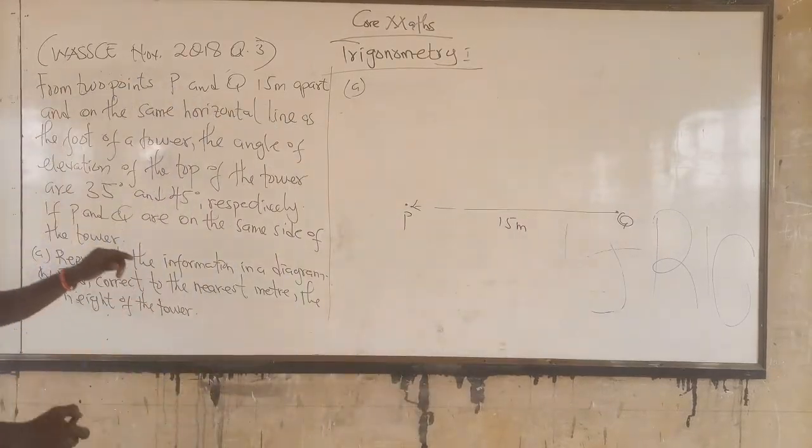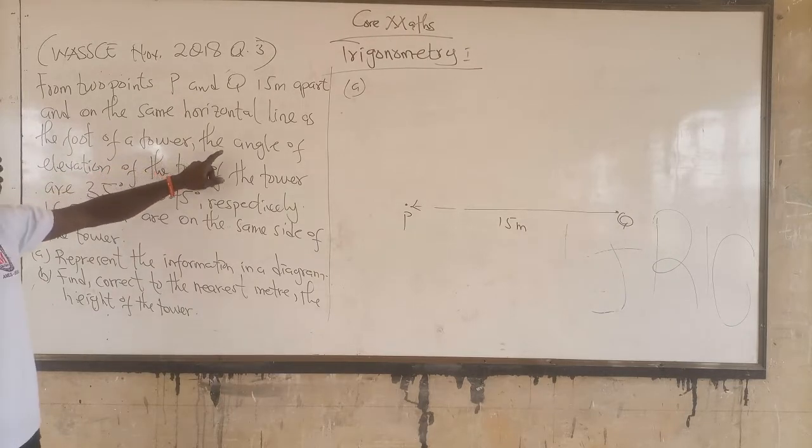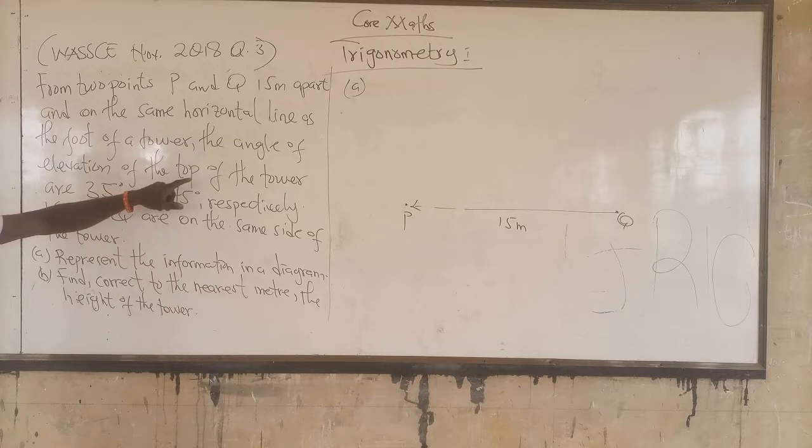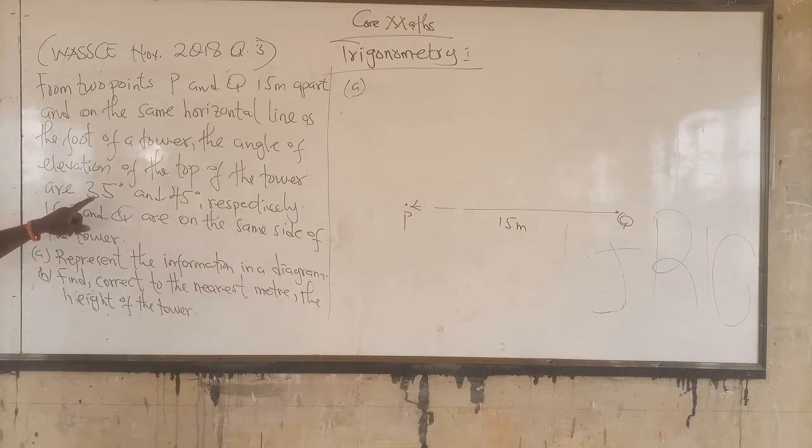Okay, let's continue. The foot of the tower. Now, the angles of elevation of the top of the tower are 35 degrees and 45 degrees respectively.